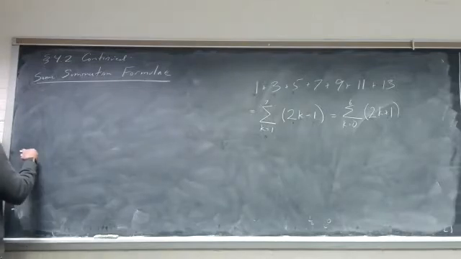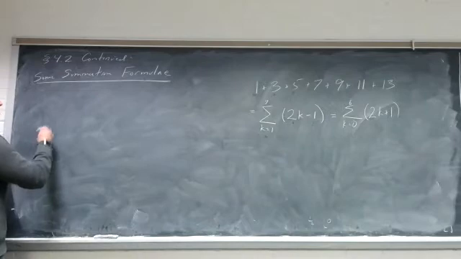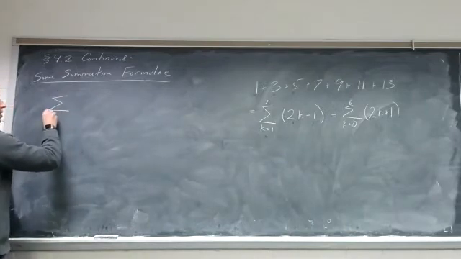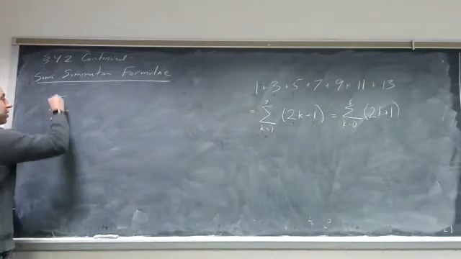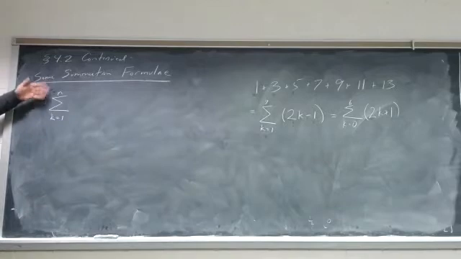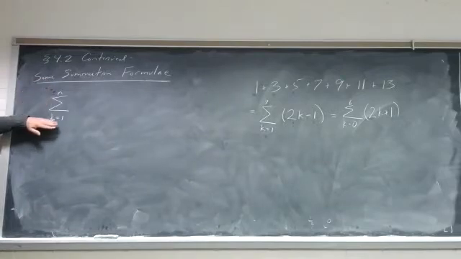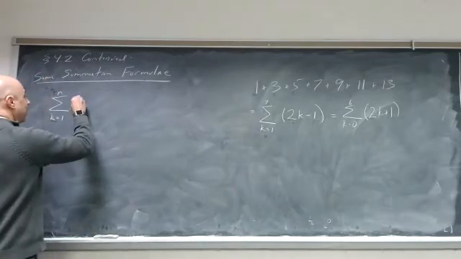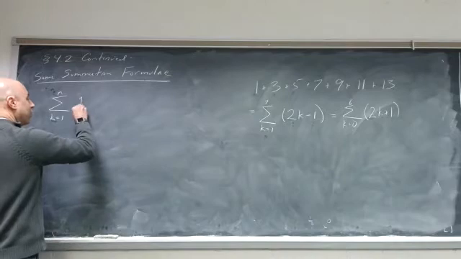So let's start off with some fairly obvious ones. So n is some number. n could be 5, n could be 7, n could be 10. So if we start off, k goes from 1 all the way up to n, whatever n is, of the number 1.